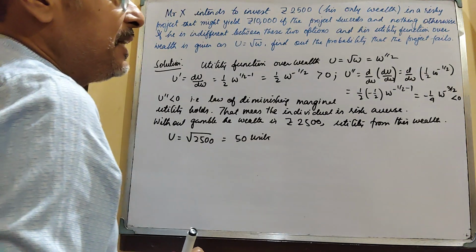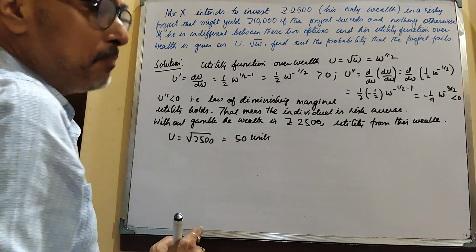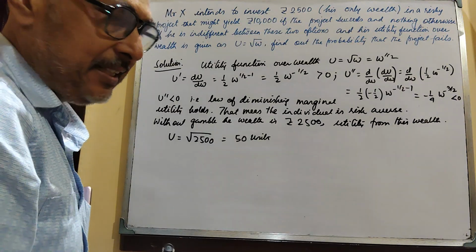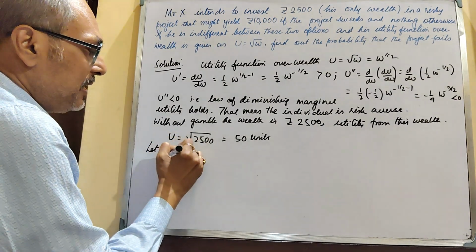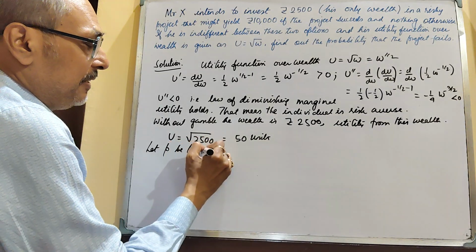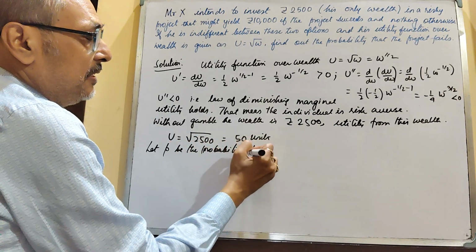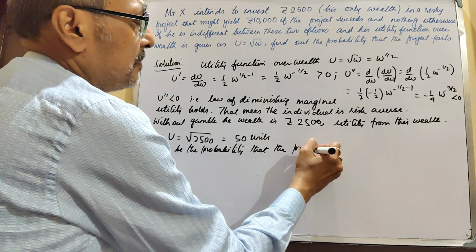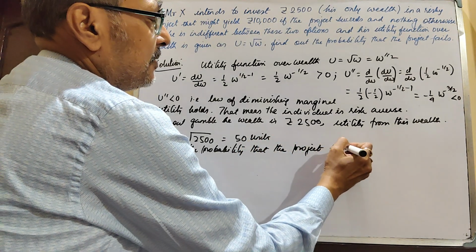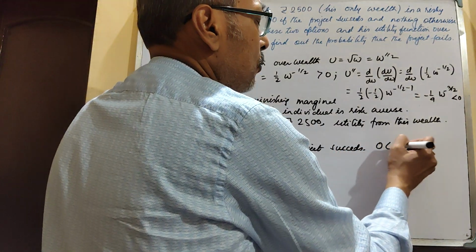Let the probability of success of the project be P. Let P be the probability that the project succeeds, and P lies between 0 and 1.